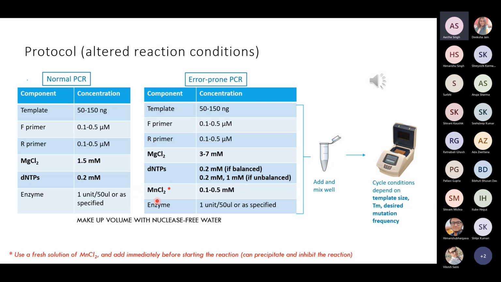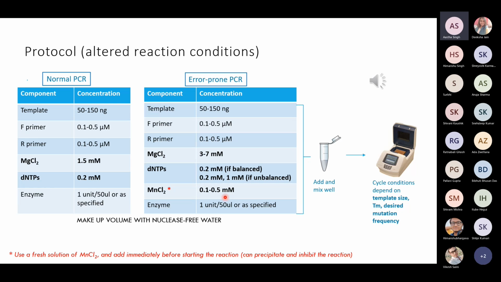Manganese chloride is one component which is not added in normal PCRs, but it is added in error prone PCR at a concentration of 0.1 to 0.5 millimolar MnCl2, depending on the mutation frequency that you want. 0.3 millimolar of manganese chloride is shown to give 5 mutations per kb.